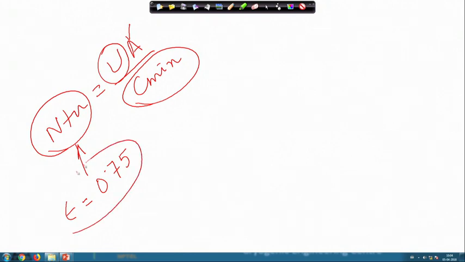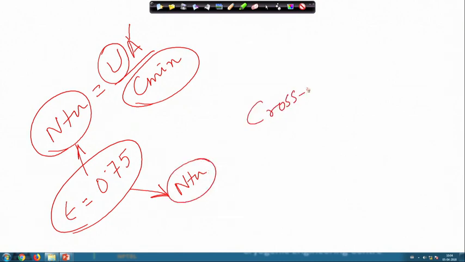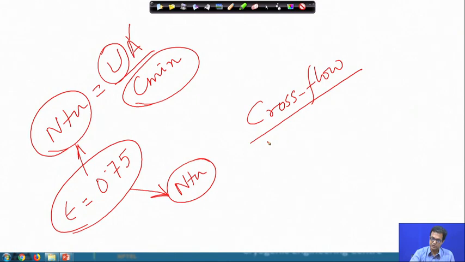So, now we need to find out the appropriate correlation for the heat exchanger, and from there we have to obtain the NTU. Now, we know this exchanger to be a cross flow heat exchanger, and another piece of information given for this exchanger is that both the fluids are unmixed fluids.